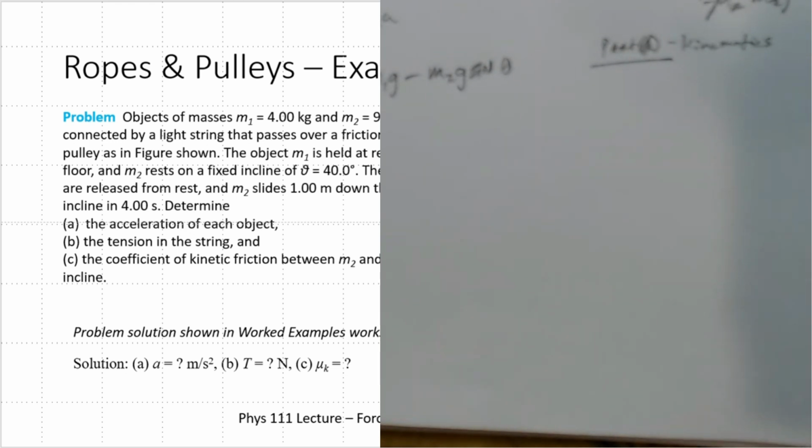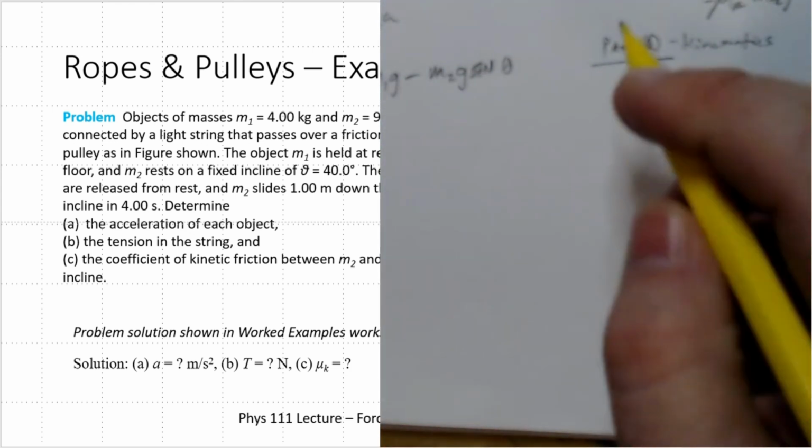Even though we're letting mass 1 be held at rest, we're letting the system be released from rest, so they both have that same initial velocity, 0. This looks like our kinematic equation.